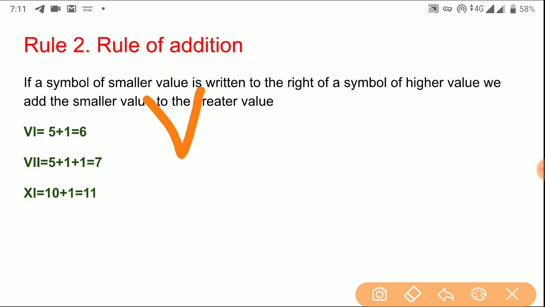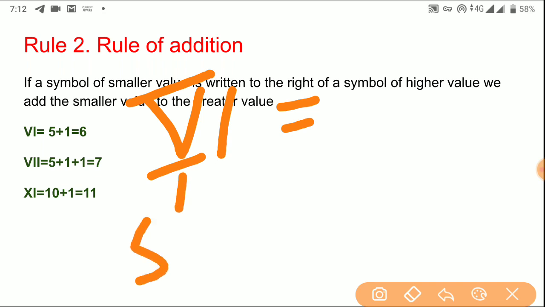If the letters V and I are written together, for finding out its value, you have to first find out the greater value and which symbol is coming after the greater value.